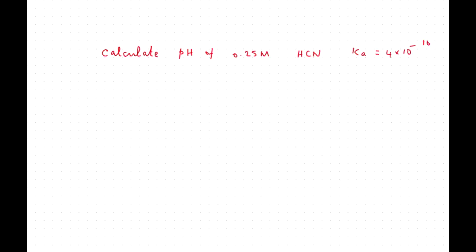See, the concentration of H plus ion is equal to square root of Ka into C. So the Ka is 4 into 10 power minus 10. The concentration is 0.25. So you take the square root.